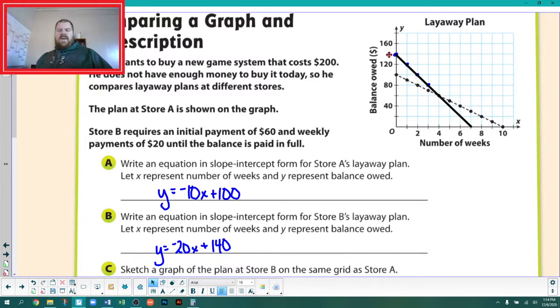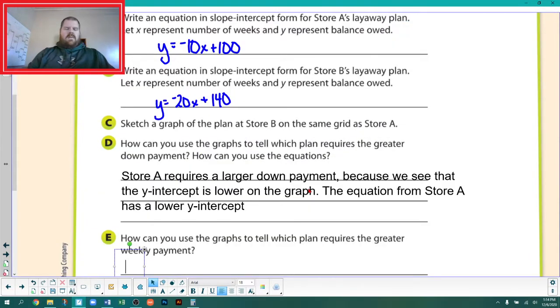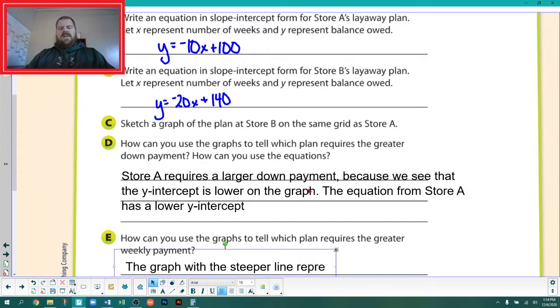So store B not only goes down 20 and over 1, but it's also just a steeper line. The graph with the steeper line represents a greater weekly payment.